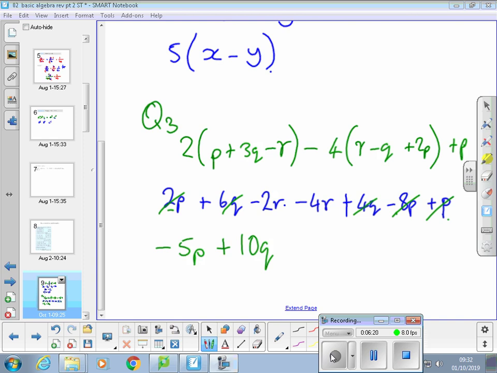And we've got minus 2r minus 4r comes to minus 6r. And there's nothing in there that will factorise, because these are not divisible by any particular number.